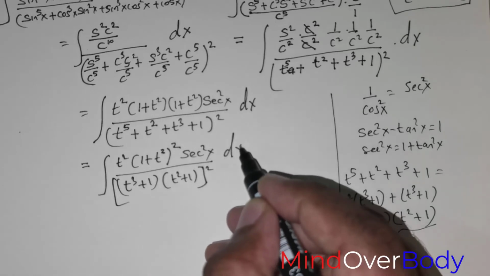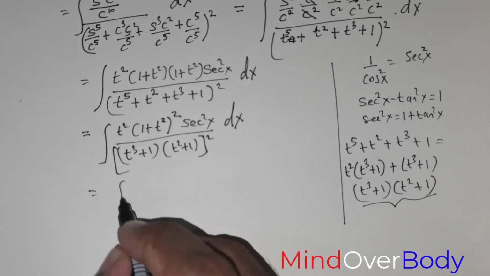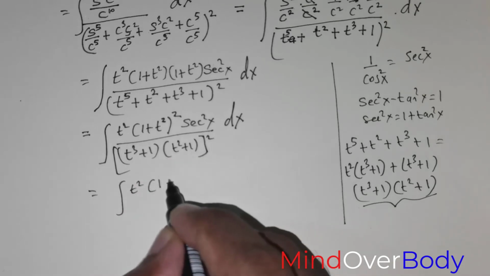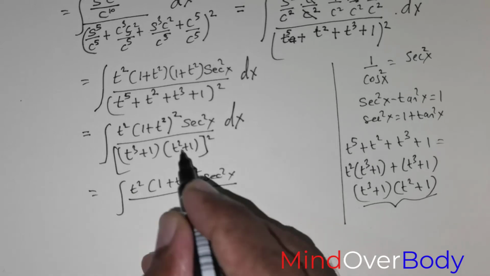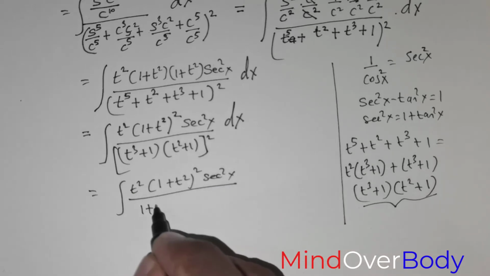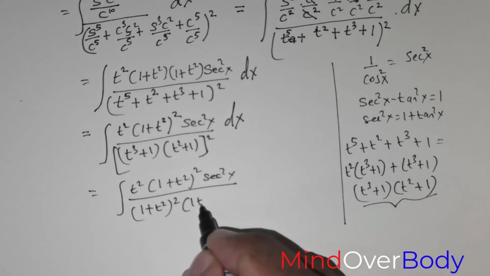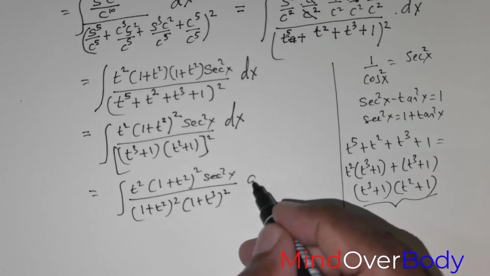Of course, we have the differential operator dx. So this is equal to t squared times 1 plus t squared raised to the power of 2 times secant squared x. Now I'm going to rewrite this as 1 plus t squared raised to the power of 2 times 1 plus t cubed raised to the power of 2 times dx.